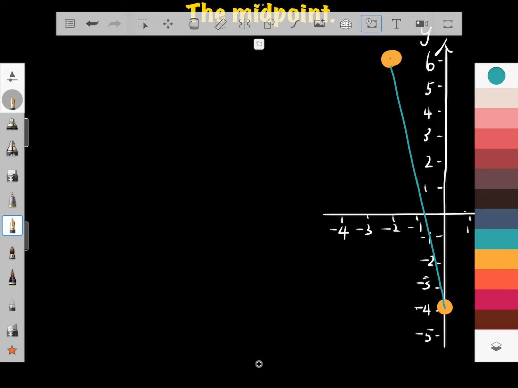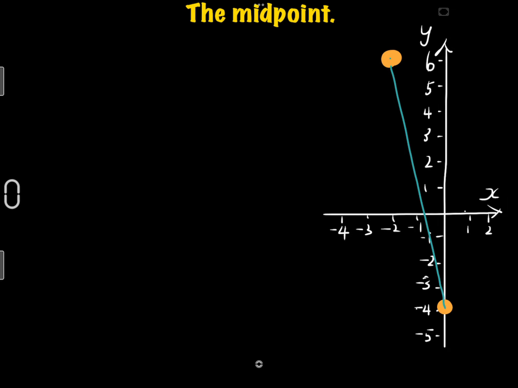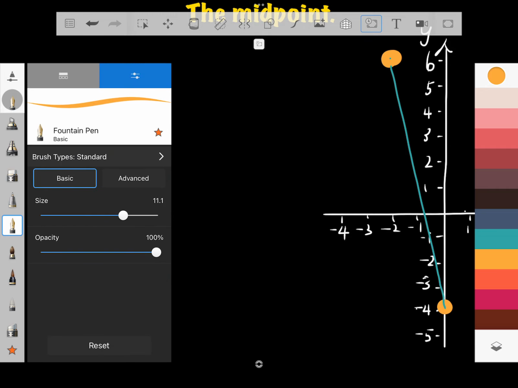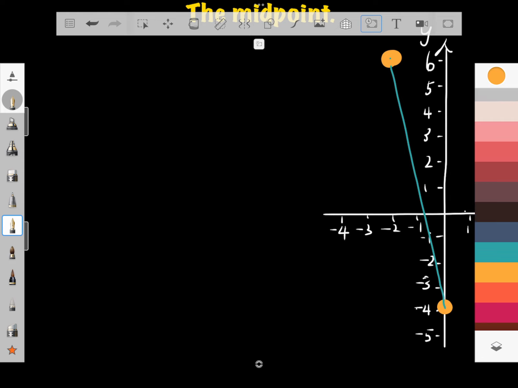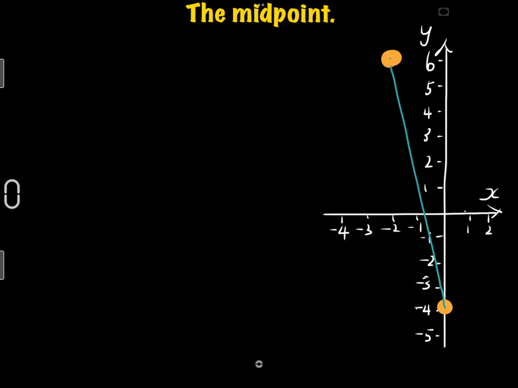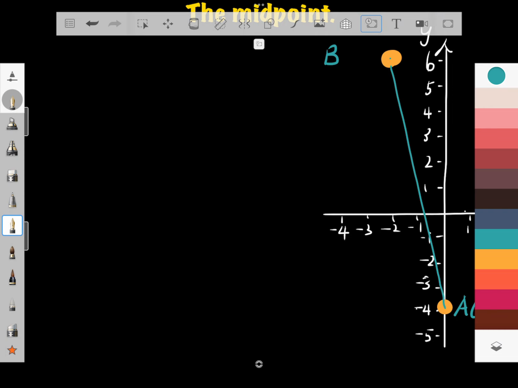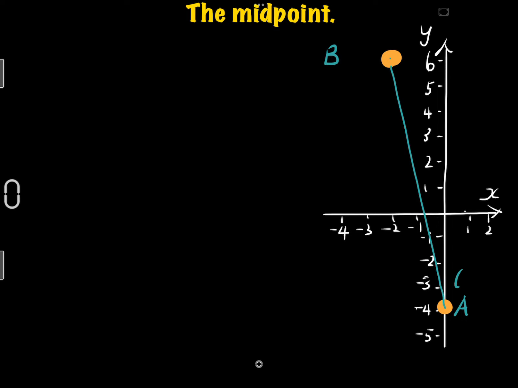By reference, this is point A, and this is point B. The coordinates are as follows: at A, x is equal to 0 and y is equal to -4.